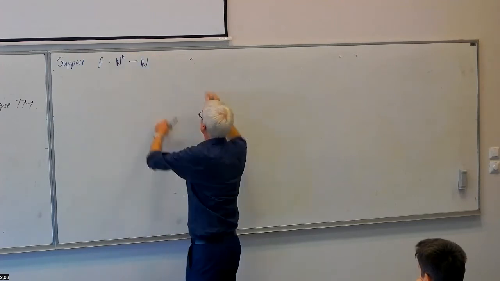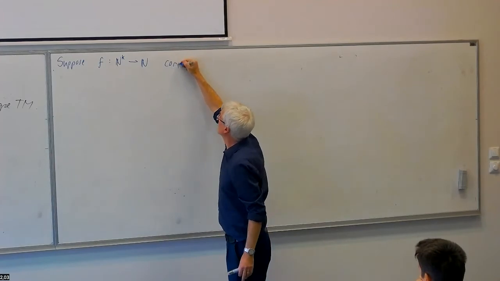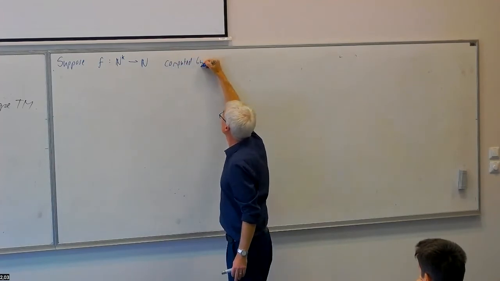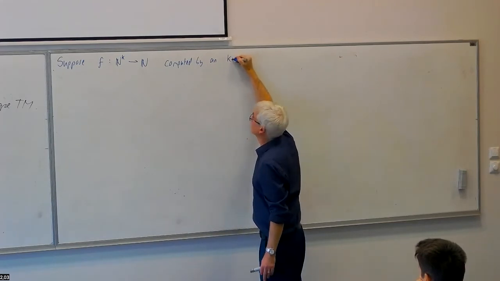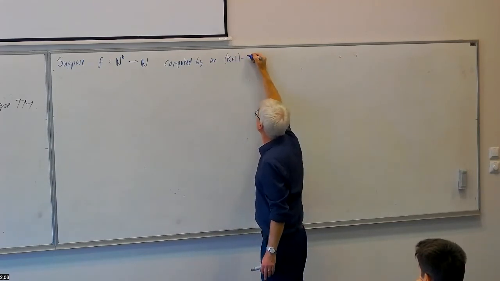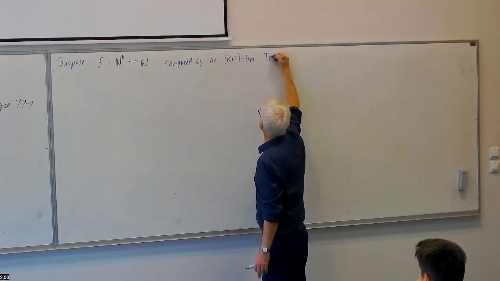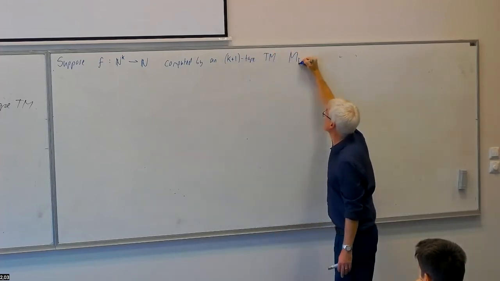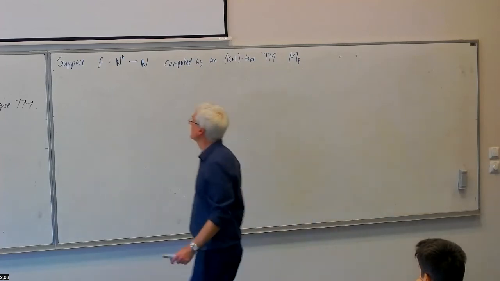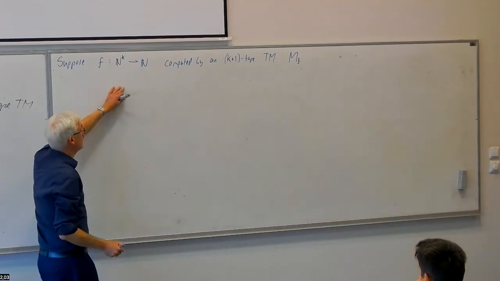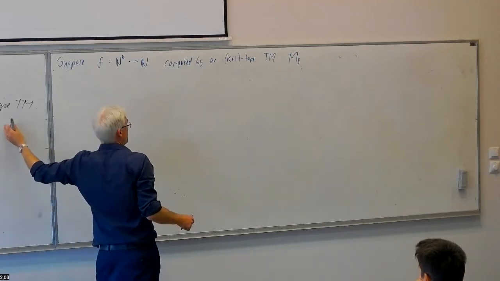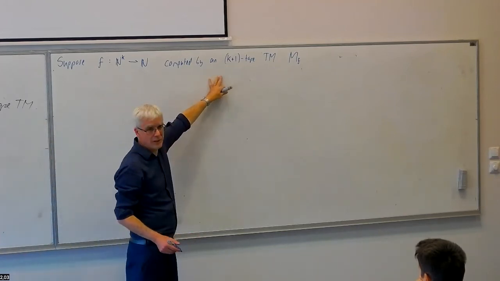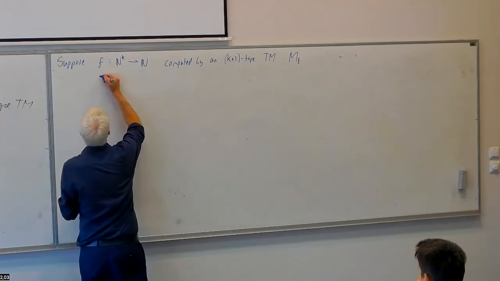f is a k argument function computed by a k plus 1 tape Turing machine, which I'll call M_f. So assuming it's computable, by this characterization there's some k plus 1 tape Turing machine that computes it.